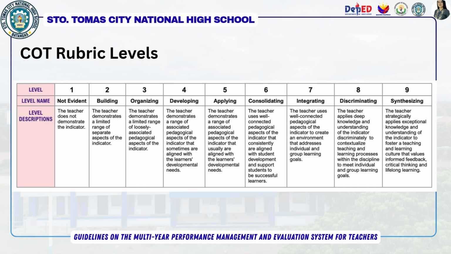Notice the progression of the descriptions, from demonstrating separate aspects in levels 2, building, and 3, organizing, to demonstrating a greater range and alignment in levels 4, developing, and 5, applying, and then moving to well-connected, integrated, and deeply contextualized practice in levels 6, consolidating, 7, integrating, and 8, discriminating.